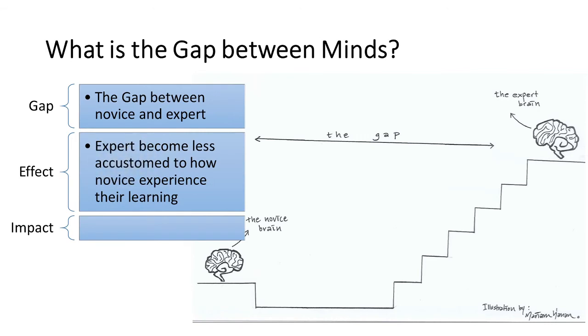Now it creates an effect that the expert becomes less accustomed to knowing how a novice experiences their learning. And this gap between the novice and the expert is what is called the gap between the minds. So what is the solution?